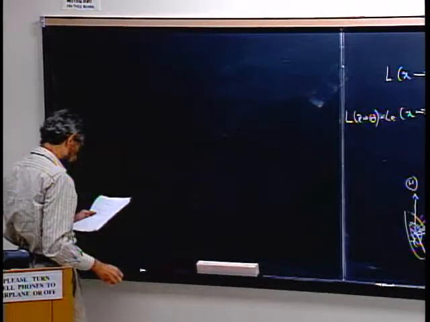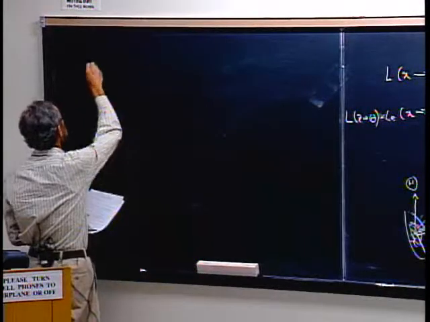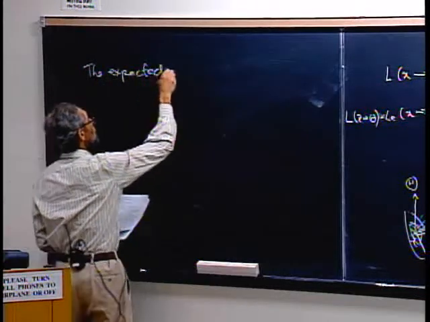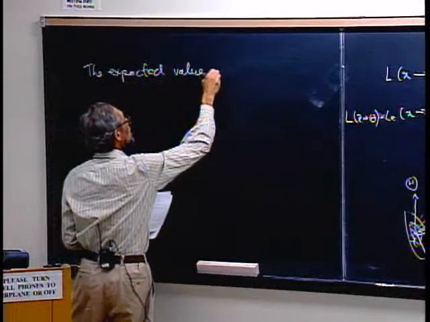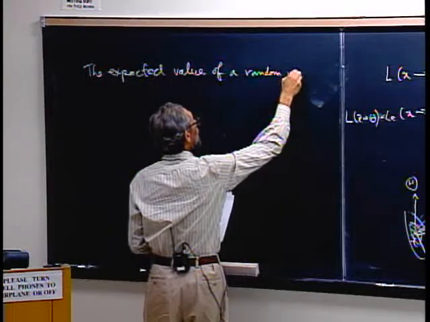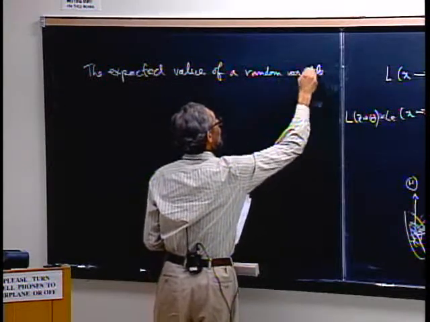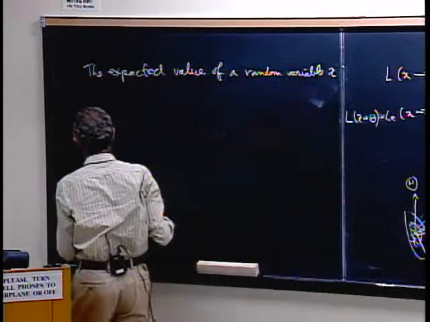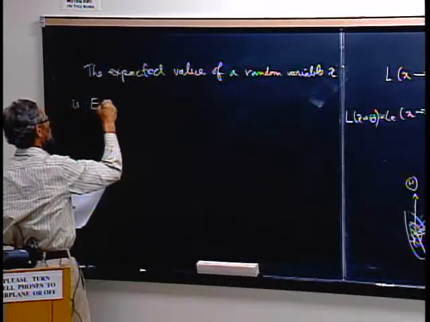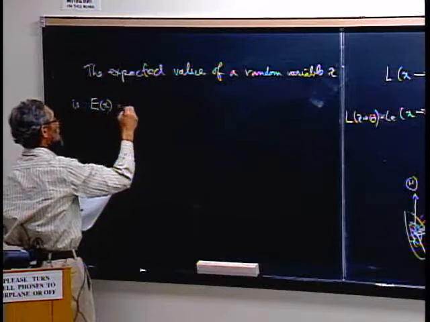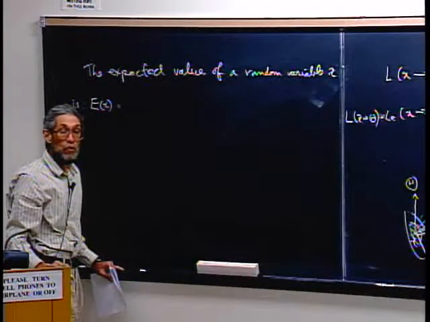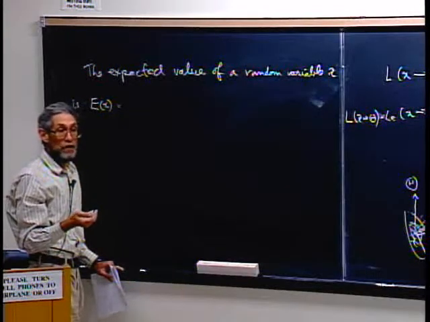Okay, so now the expected value of a random variable x is written as E of x, and that's the average that you'd expect that random variable to have if you rolled the die a lot of times.